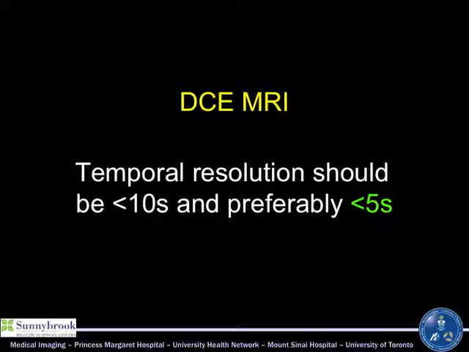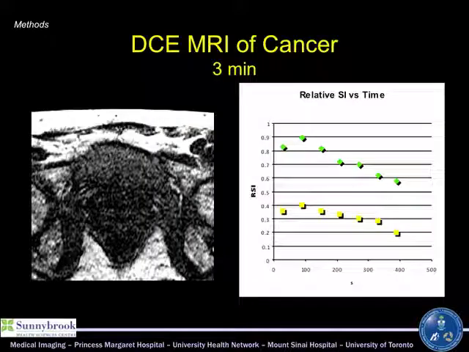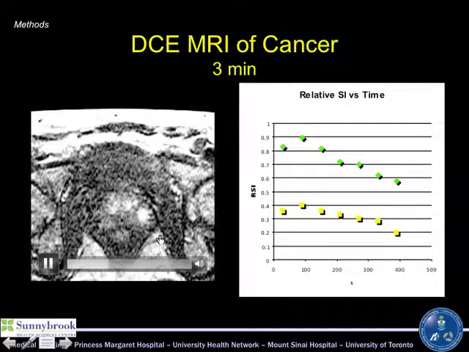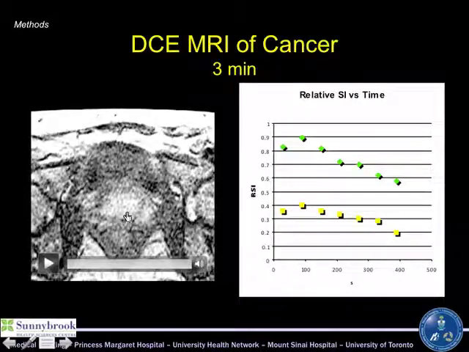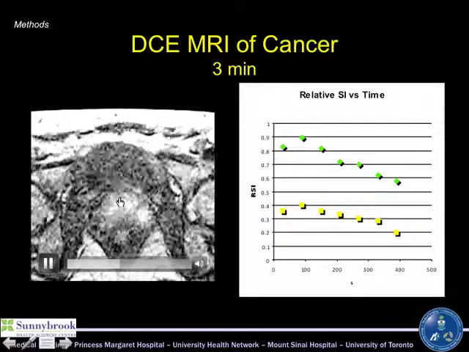And cancers, as they do in the breast, behave differently in the prostate than normal peripheral zone tissue. So we're looking at about 5-second temporal resolution. The video here on your left shows you a cancer, and I'm going to show you two things on this video. The first is the transition zone here is very hard to interpret with this technique. The BPH nodules all light up.